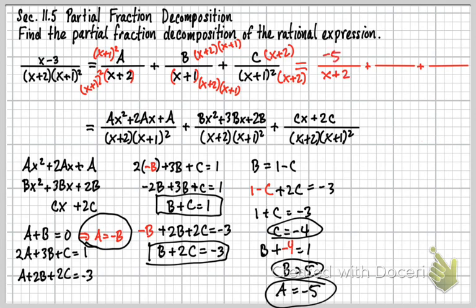So that's going to be a negative 5 up top. And then this is going to be my x plus 1, and that turned out to be my b, which is 5. And then my c here is going to be the x plus 1 squared, and that turned out to be negative 4. Okay, so there's our answer.